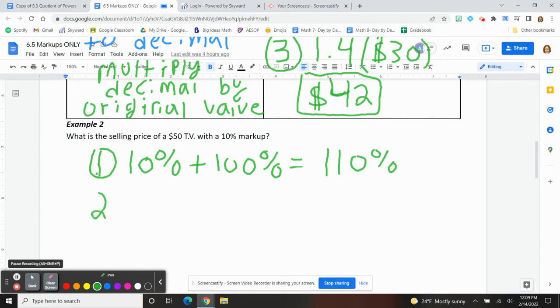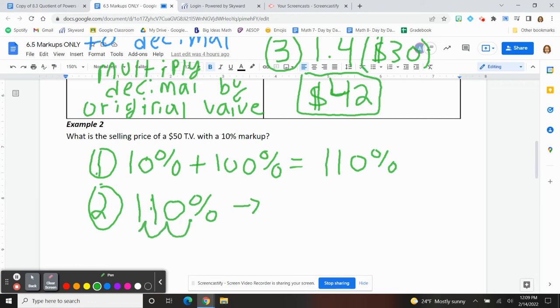Our step two is to convert our percent into a decimal. And in order to do that, we just move our decimal places 2 to the left. So our decimal for example 2 is 1.1.